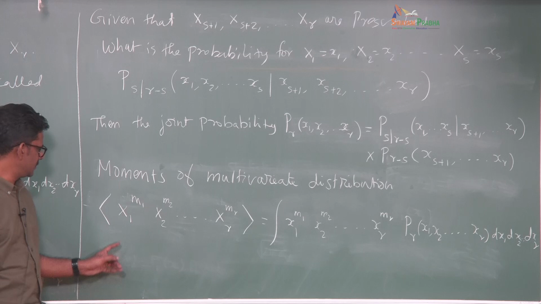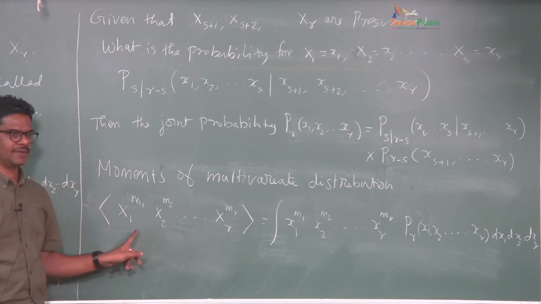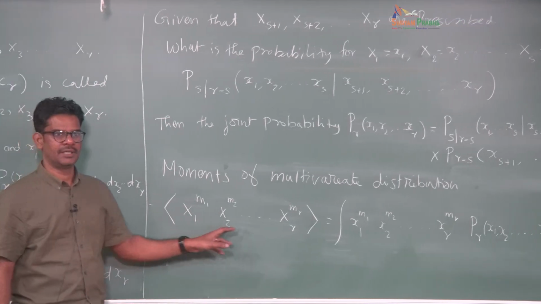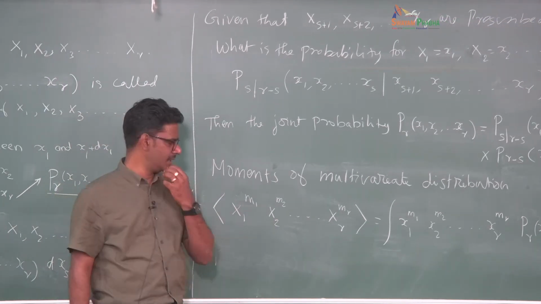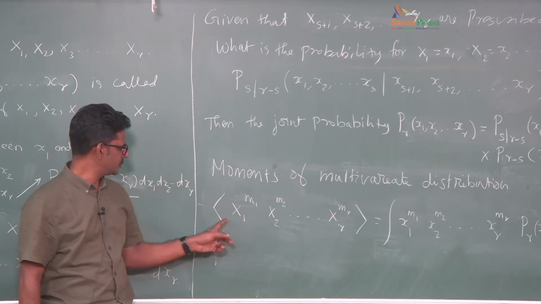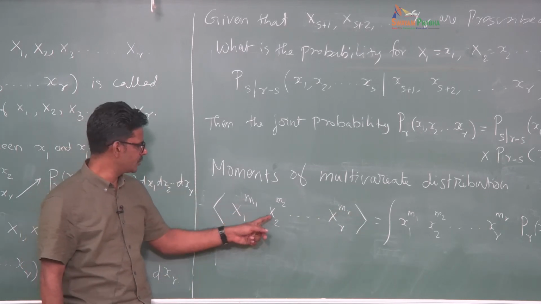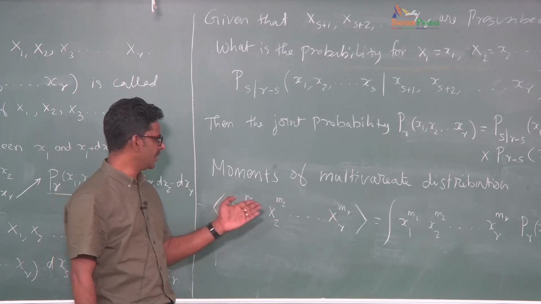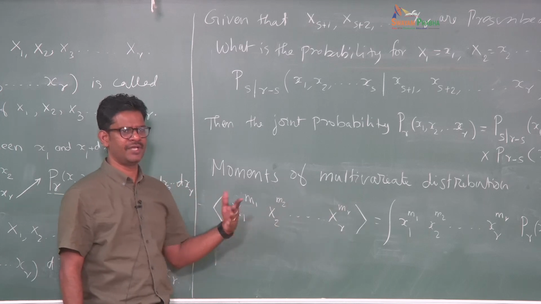So here since I have R number of random variables, I may write a moment function, and here each variable has its own moments. So x1 has m1 moments, x2 has m2 moments, and so on. They need not be the same. You can choose 0 here, 1 here, 2 here and so on, depending upon what you want to obtain.